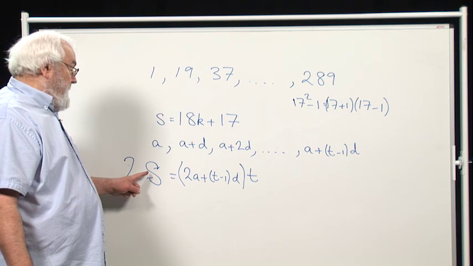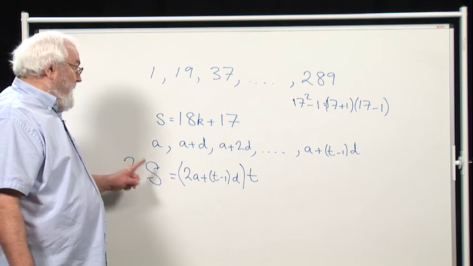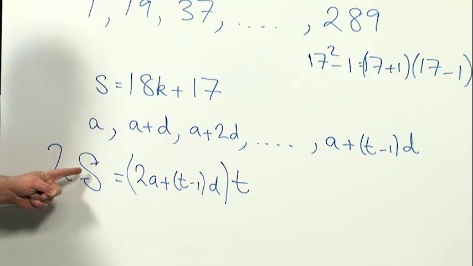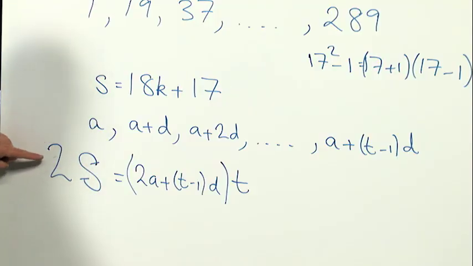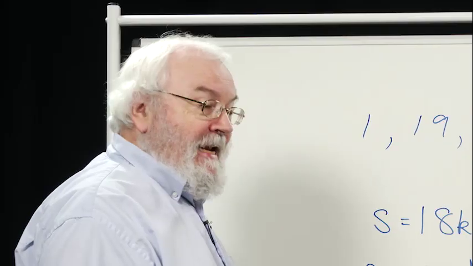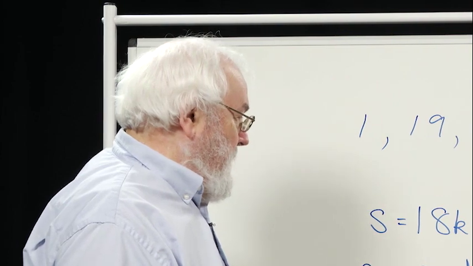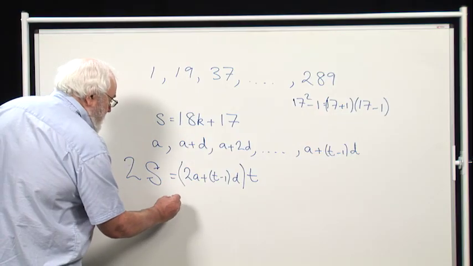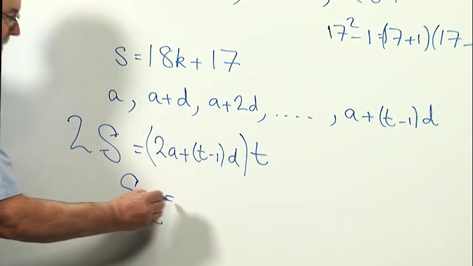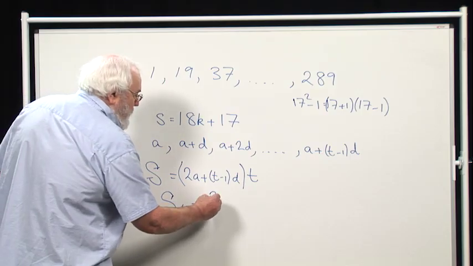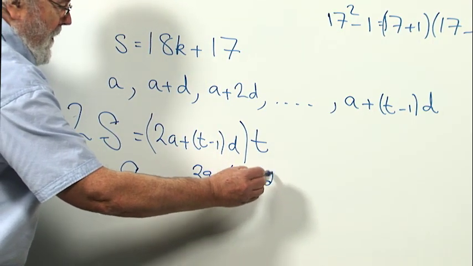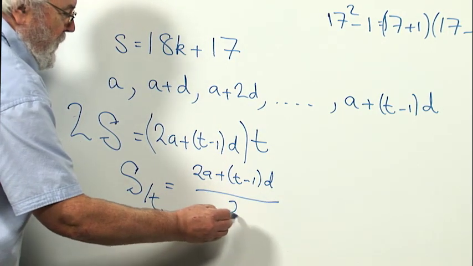Now, what I'm interested in is the average value of the terms in the sequence. So I know how to add them up. What I need to do is to divide by 2. And what I also need to do is to divide by t, the number of terms in the sequence. So the average value is going to be S over t, and that's going to be (2a plus (t minus 1)d) all over 2.